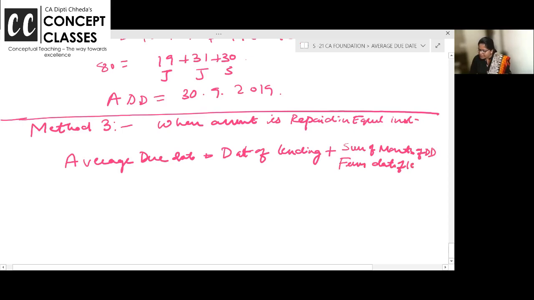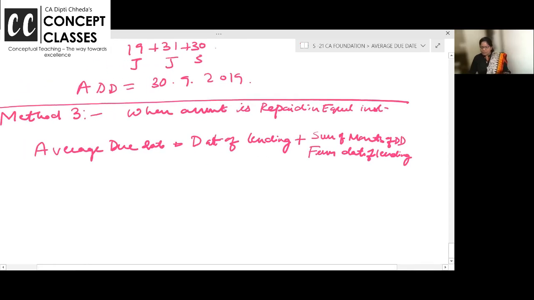Anyone is confused in my handwriting? I am reading out. Average due date is date of lending plus sum of the months of due date from date of lending divide by number of installments.